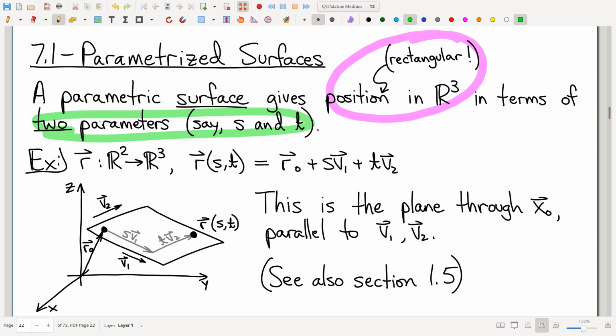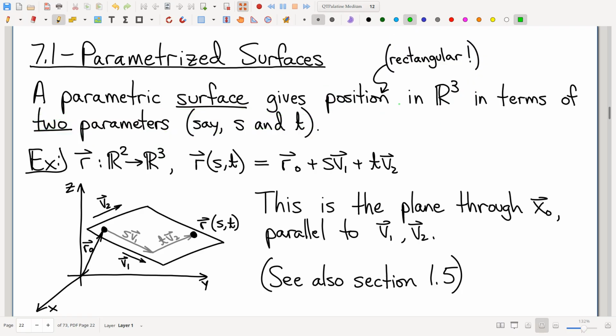I claim this is, we didn't use the term at the time, but this is a parametric surface because we're going to find position on the plane, anywhere you need to get on the plane, and I can view that position in rectangular coordinates in terms of two parameters, S and T, that basically tell you, y'all remember the geometry down here. S tells you how far to go in the V1 direction. The V1 direction is given.